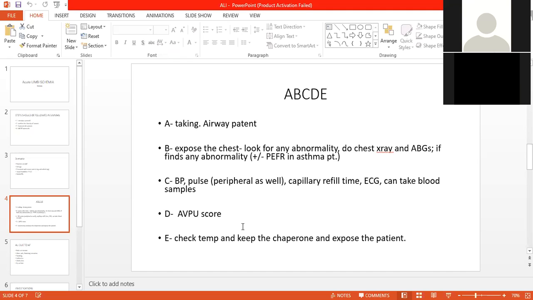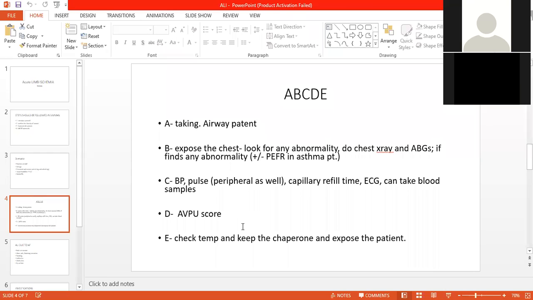And in every Simman station on C, you can always order the ECG, and you can put the cannula. In every Simman you have to at least put one cannula. If Simman is not in shock, then you have to put at least one cannula in one arm, which is a wide bore large cannula.